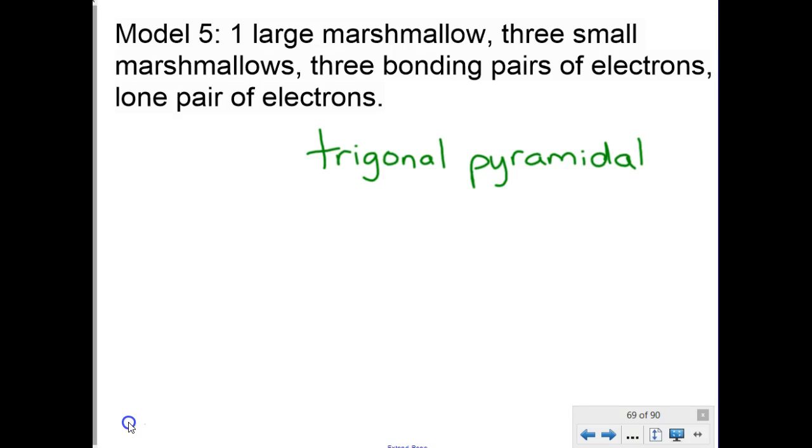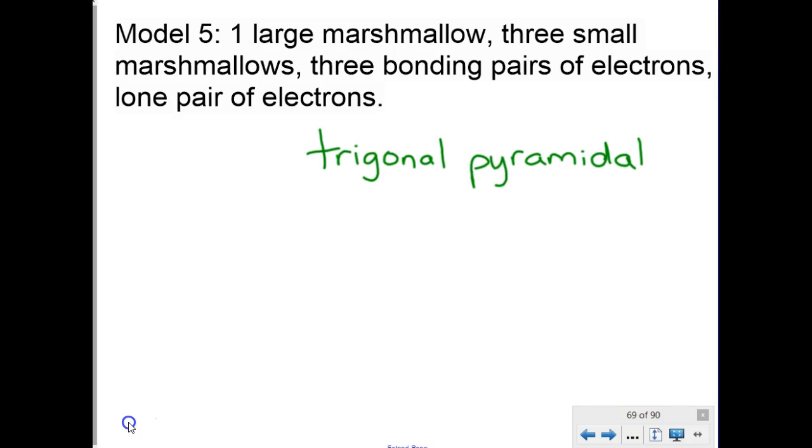Trigonal pyramidal. Tri for 3, and then pyramid is kind of a shape, 3-dimensional shape. It's really easy to confuse trigonal planar versus trigonal pyramidal. Suggestions for keeping them straight. What is trigonal planar?